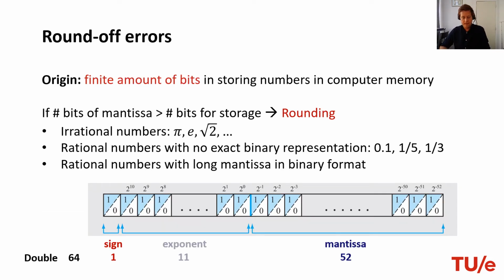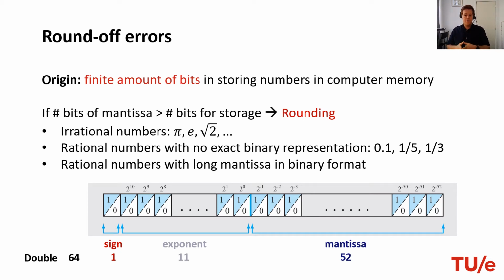First off, let's take a brief review of round-off errors, which were already discussed in the previous video on the numerical representation of numbers within computers. The origin of round-off errors is that we only have a finite amount of bits available for storing these numbers in the memory of a computer.